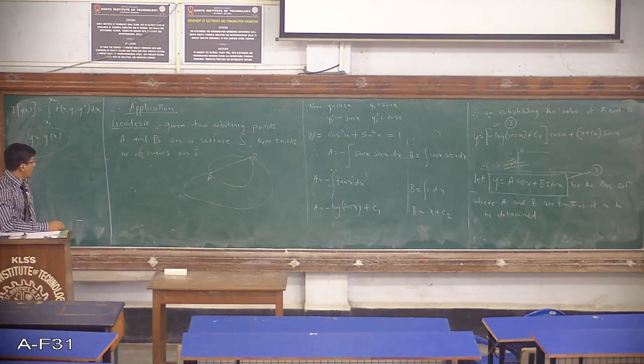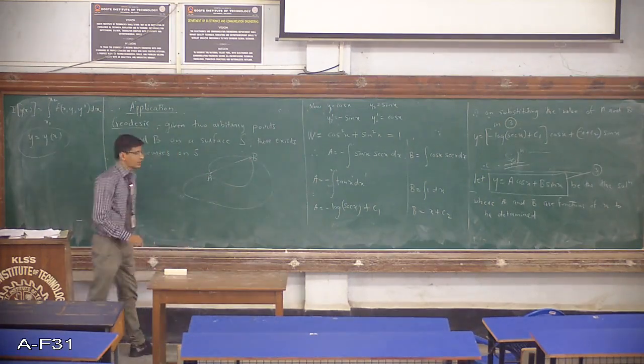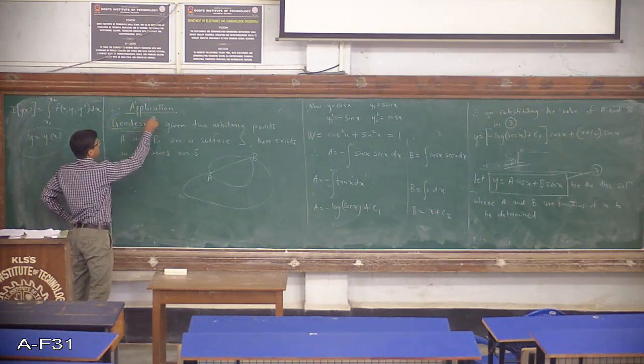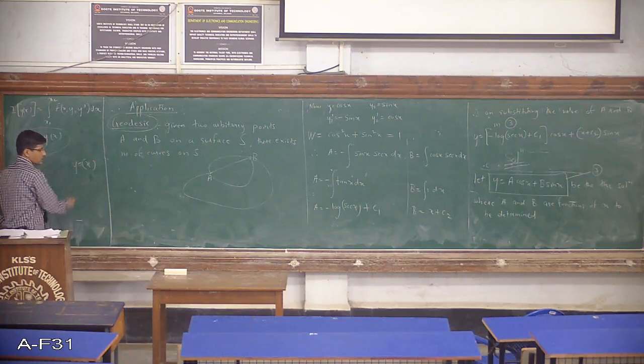So the least path between these two extremes is called a geodesic, which is also in the form of y of x.